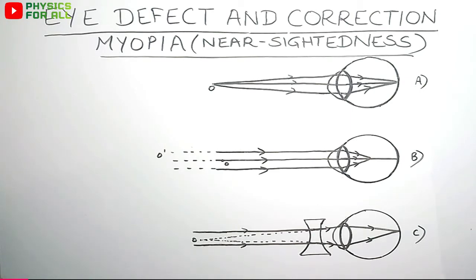But for nearby objects, it's 25 centimeter. That is the distance for a nearby object at which our eyes can produce its image clearly and distinctly. If we bring the object closer than that, the image gets blurred. So the far point for a normal eye is infinity. We can see as far as we can.